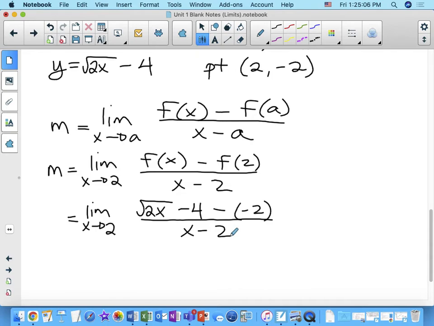And I think it's going to work out very similarly in terms of the process. This is square root of 2x minus 4, and then minus negative 2 is plus 2, over x minus 2.